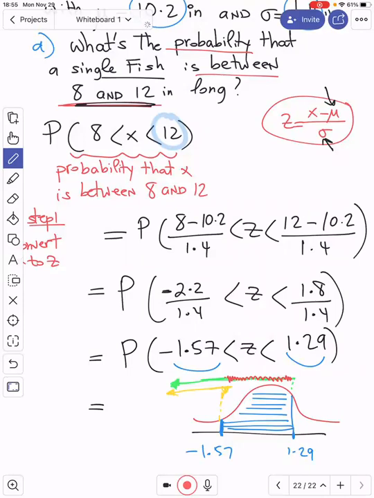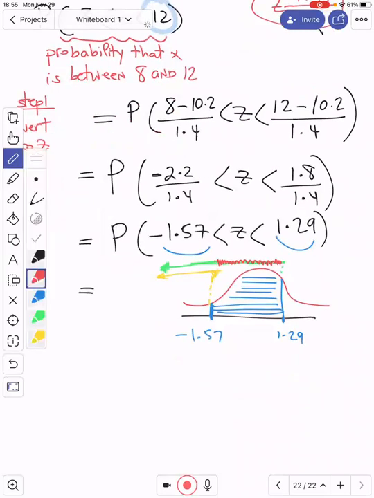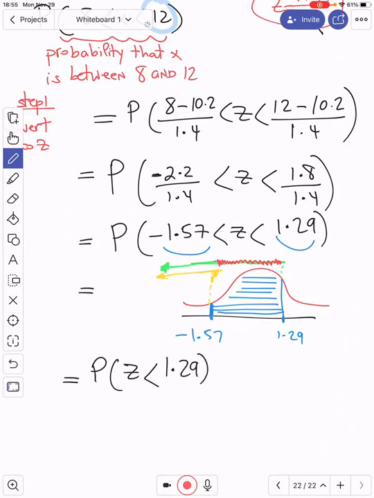So what I'm saying here is that when you're looking for the probability that z is between two numbers, that's always the probability that z is less than the second number, the 1.29, minus the probability that z is less than the first one, the negative 1.57.